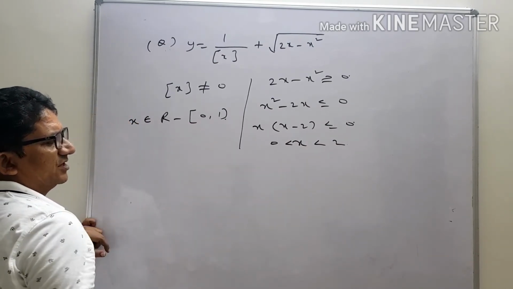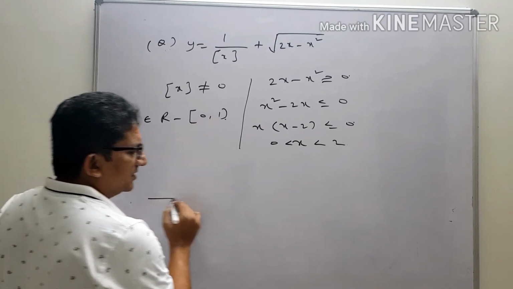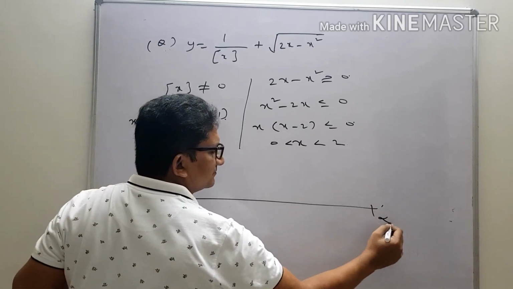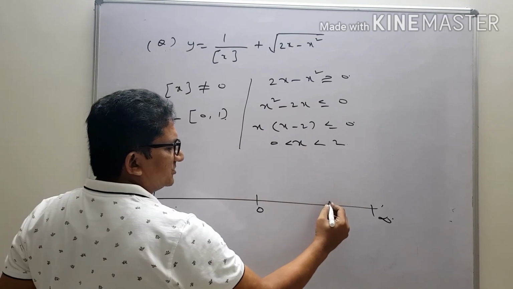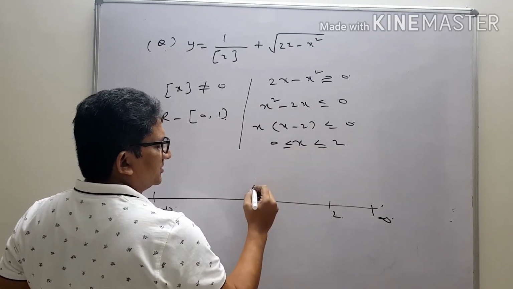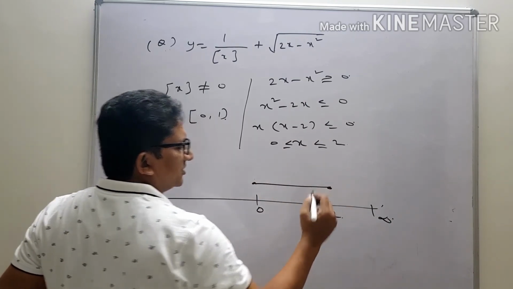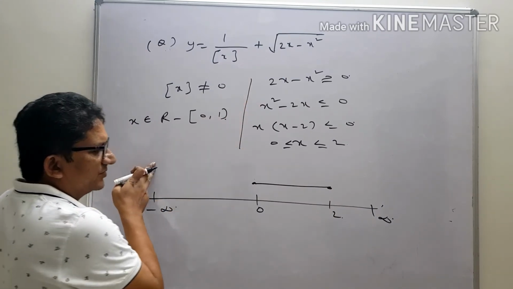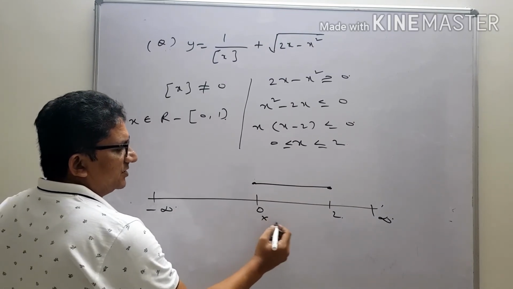And here are all the real numbers except [0, 1). So this is the situation: generally minus infinity to infinity. Somewhere here we will have 0. The first solution is in between 0 and 2, where 0 and 2 are included. Next is from minus infinity to everything, but some part was eliminated, that is in between 0 to 1.